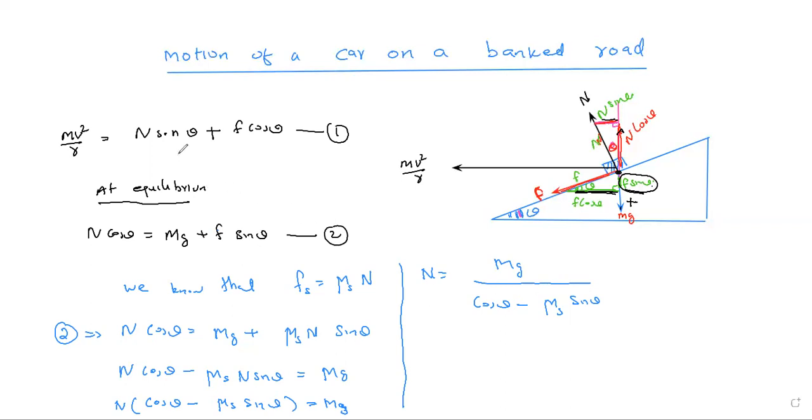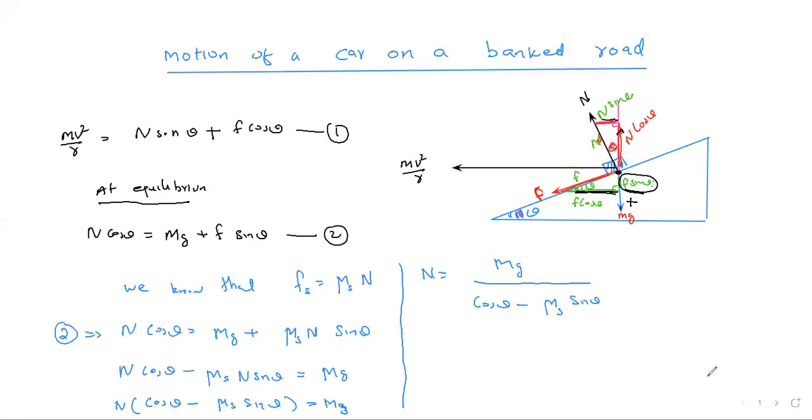Now we can change equation number 1. So what is equation number 1? mv square by r equal to n sin theta plus f cos theta.